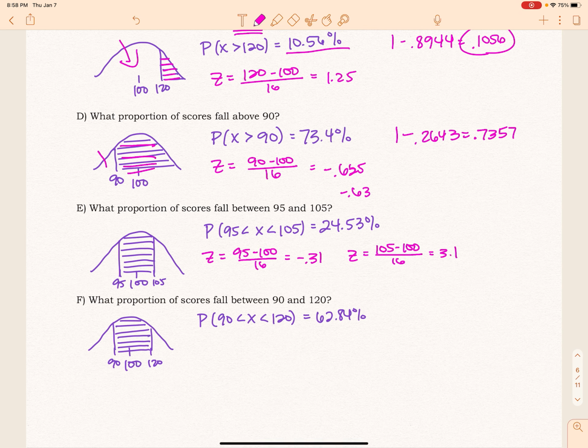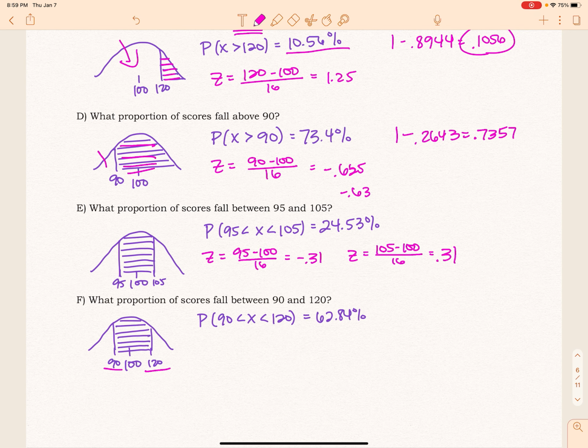Okay, so it should make sense to you that you're getting the same z-score, one negative and one positive, because 95 and 105 are the same distance from the mean. They don't always have to be the same. They're not the same down here in part F, but I just want you to use a little common sense here. All right, so what is happening here? Okay, I wrote the wrong thing.